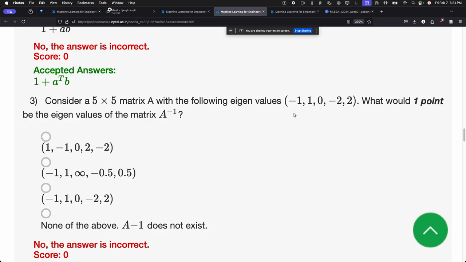Actually, it's not that way, because if you have a matrix A and you invert it, you will not be getting inverted values. So this is the problem with the inverse matrix. Inverse matrix is not what it sounds like. So the answer will not be the inverse of this. No, it's not correct.